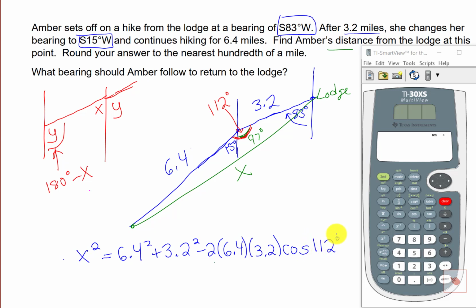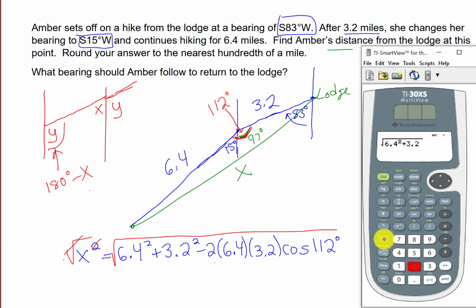So now we're ready to compute and find x. I am going to go ahead and square root both sides so that we will have x. So I'll put a square root over the top of this. Go to the calculator, make sure you're in degrees, and then I'm going to hit square root of 6.4 squared plus 3.2 squared minus 2 times 6.4 times 3.2 times cosine of the angle between them, which was 112.